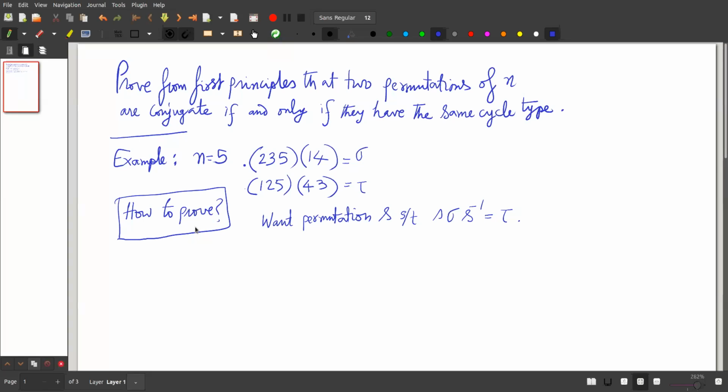In the first row, we have 2, 3, 5, 1, 4. And in the second, 1, 2, 5, 4, 3.